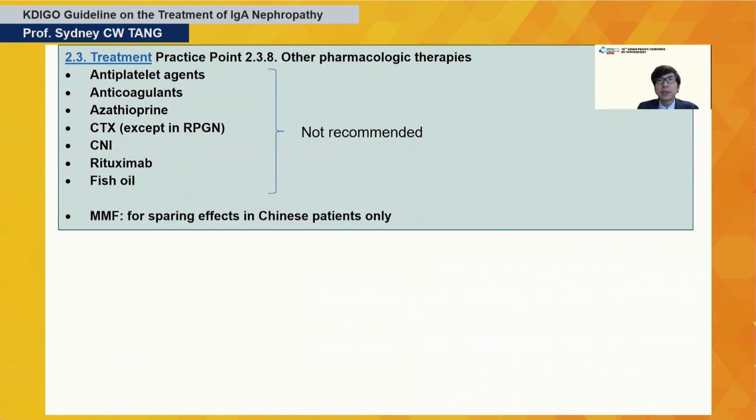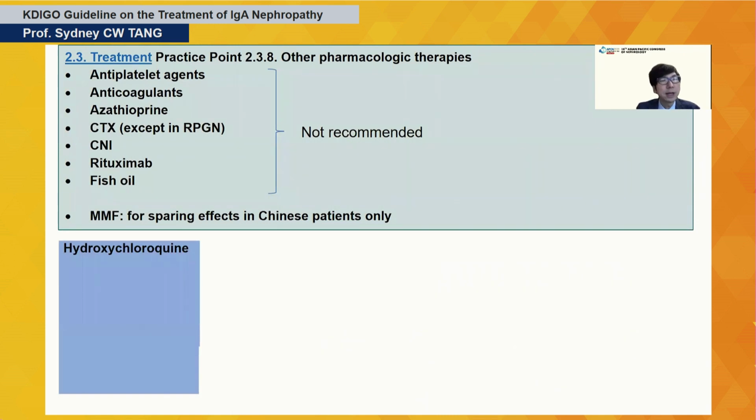Okay, now the next point is actually a practice point with pharmacologic therapy still. And the therapy I wanted to talk about is hydroxychloroquine. Now, why is hydroxychloroquine considered?